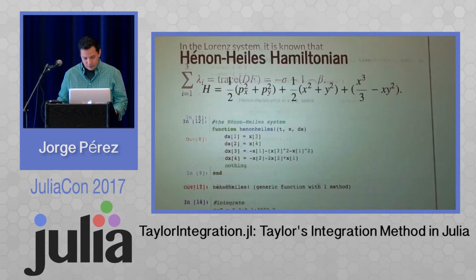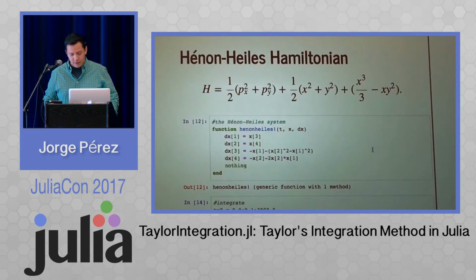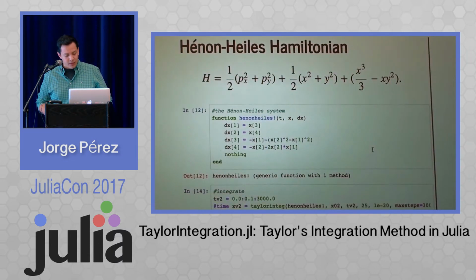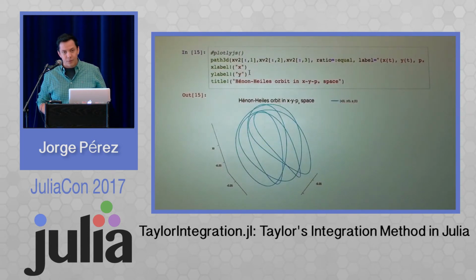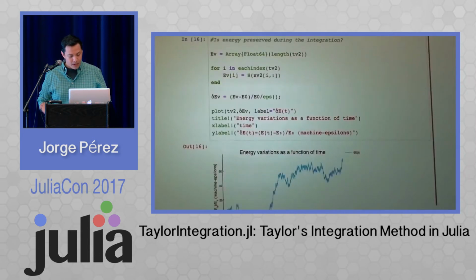Some other things that we are able to do is, for example, the Henon-Heiles Hamiltonian. We integrate it, so we are able to get the orbit. In this case, I'm plotting a periodic orbit of the Henon-Heiles system.